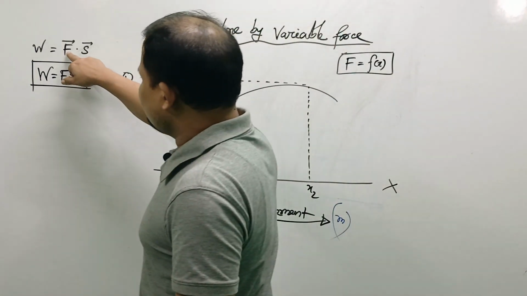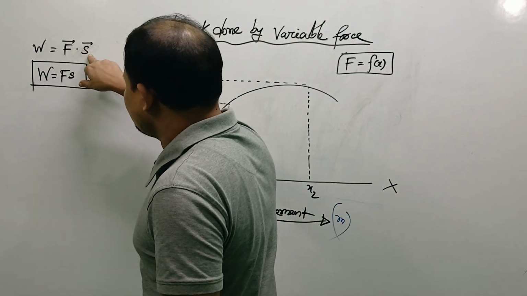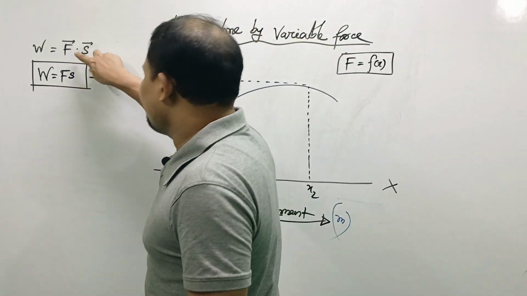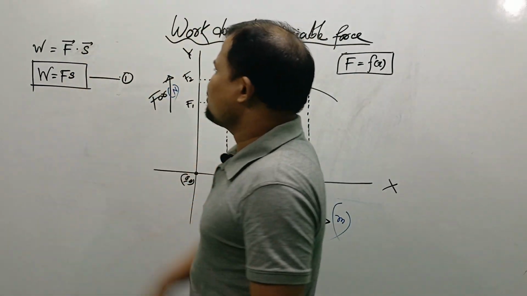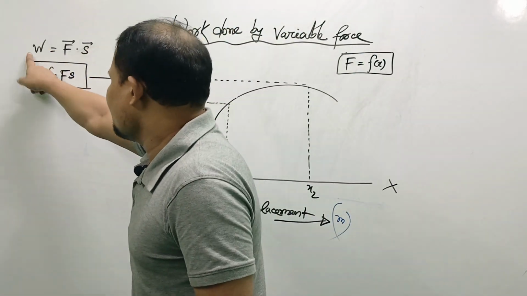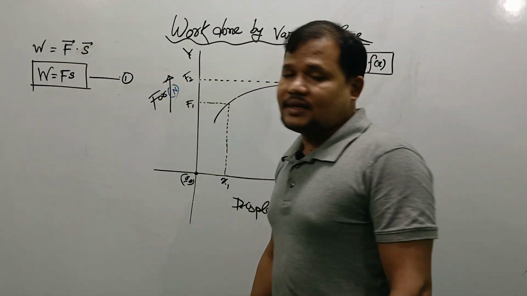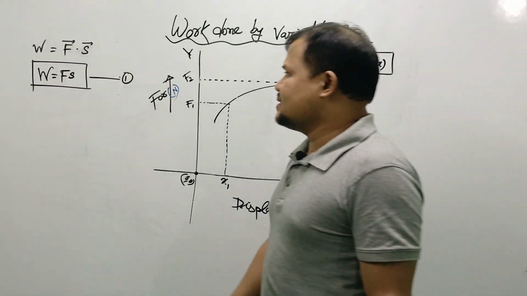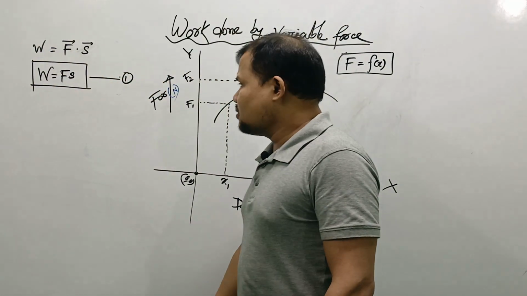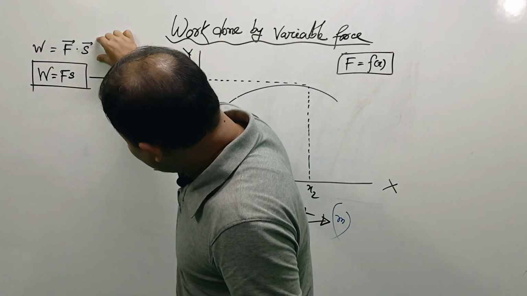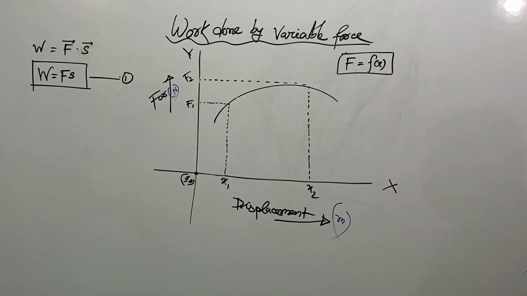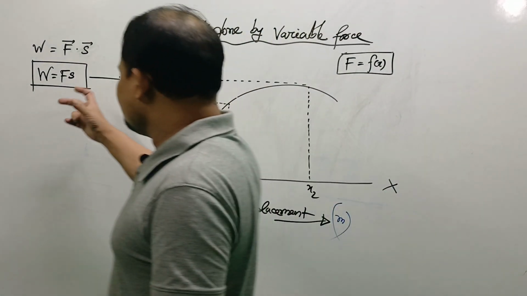F is force, a vector quantity, and s is displacement, also a vector quantity. Because of that reason, we apply the dot product here so that we can get the scalar quantity, because work is a scalar quantity. My dear student, try to understand. Actually, you just know this equation.